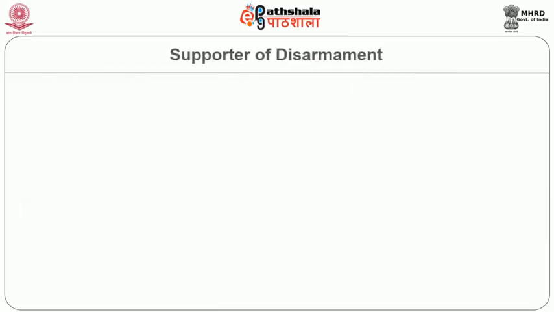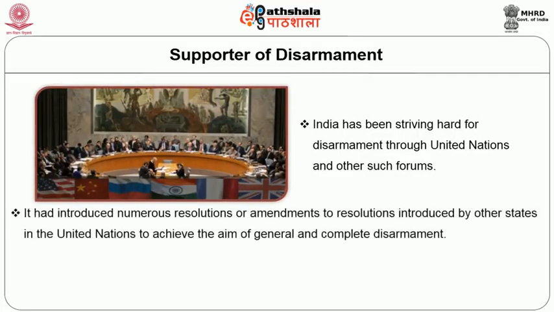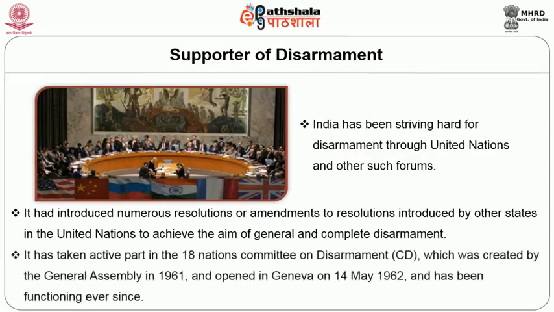Supporter of disarmament. India has been striving hard for disarmament through the United Nations and other such forums. It had introduced numerous resolutions, or amendments to resolutions introduced by other states, in the United Nations to achieve the aim of general and complete disarmament.